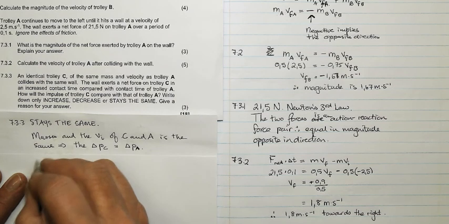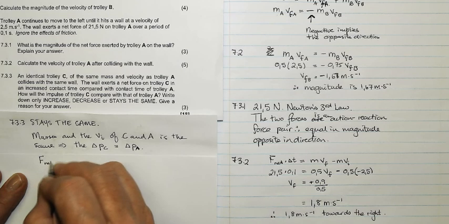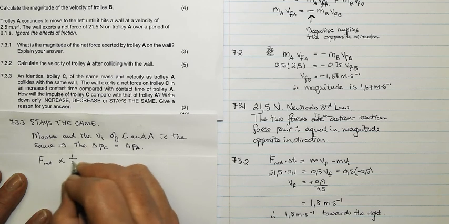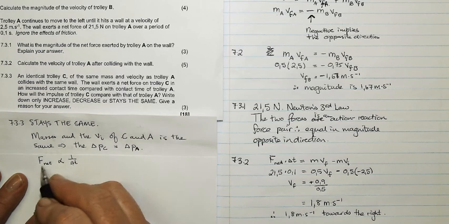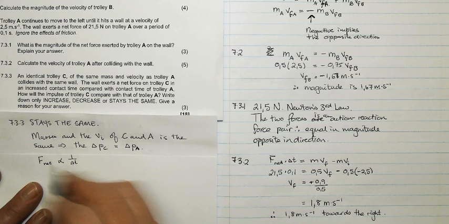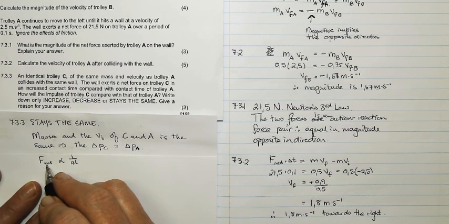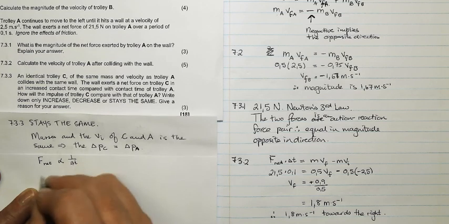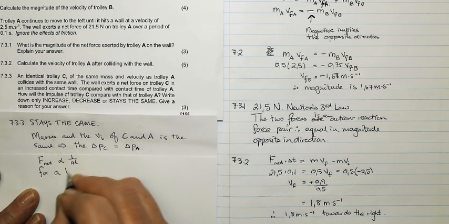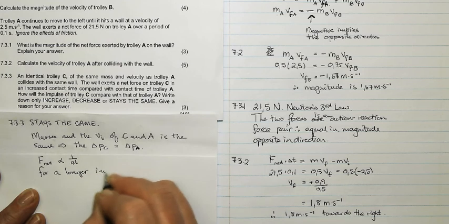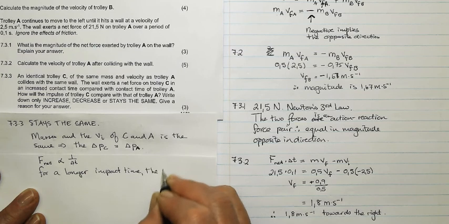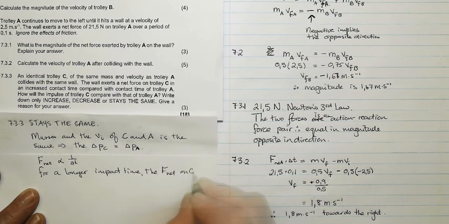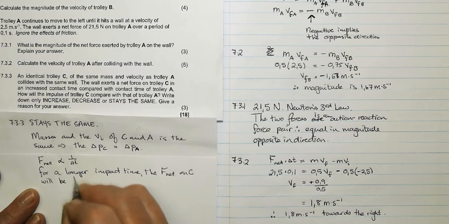So it means that the net force is inversely proportional to the delta T. So if delta T for trolley C is longer, then 1 over delta T, which means the net force will be less. So the F net on C will be less.